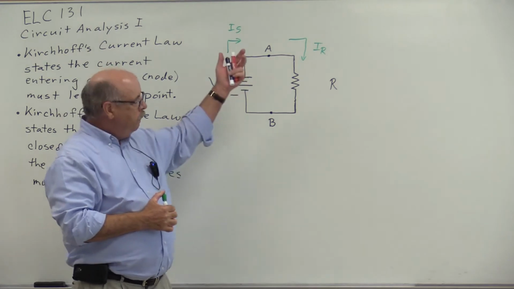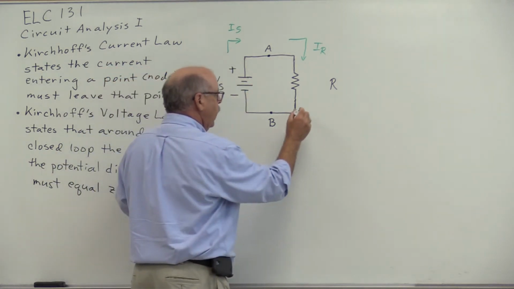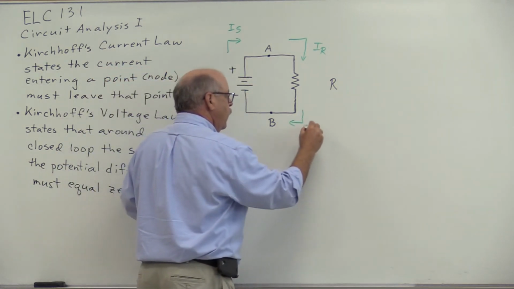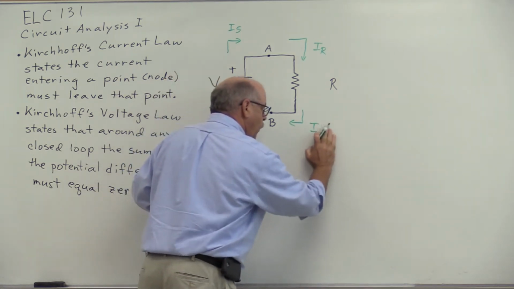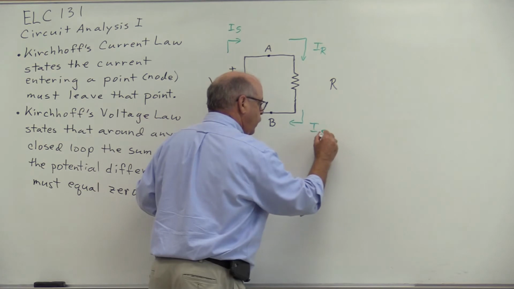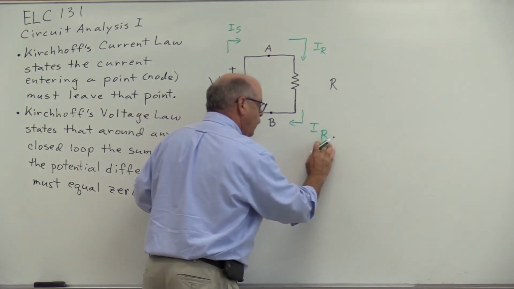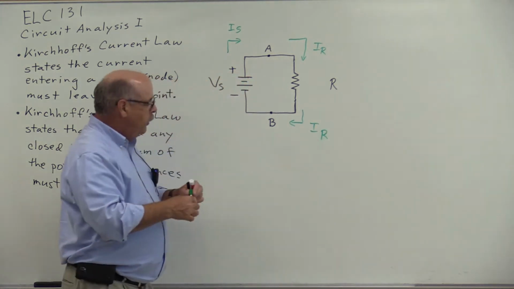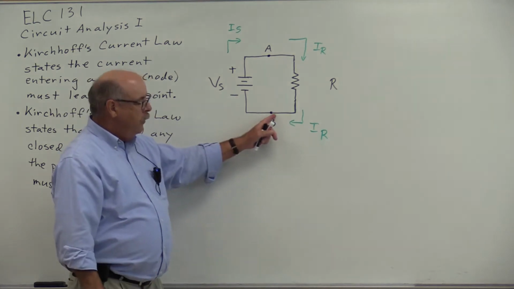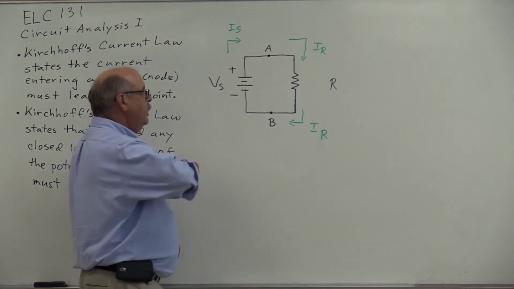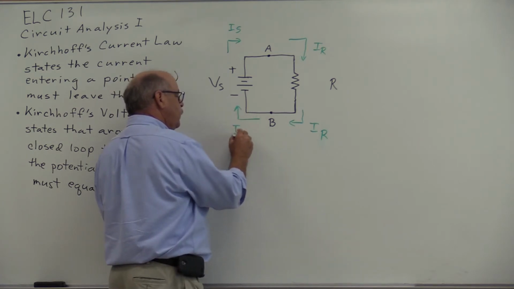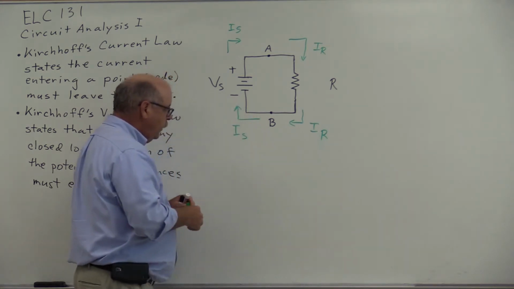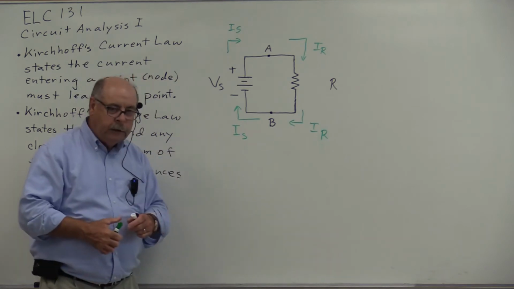Now, the current flows through IR and enters node B, IR, not IB, and the current IR enters the node B, and some current leaves node B and flows back into the source. We'll call that current, of course, Is.